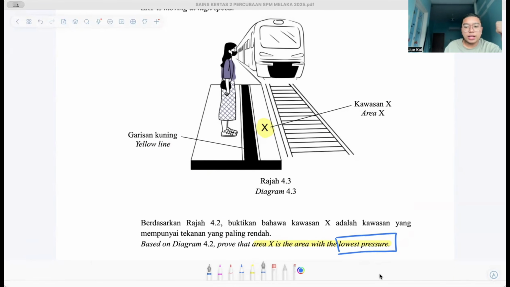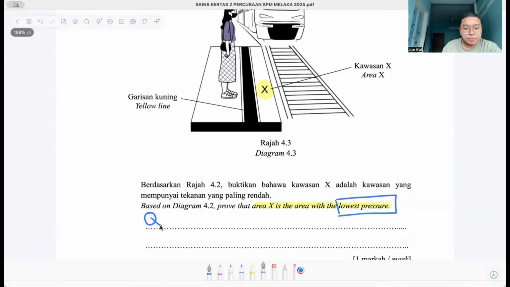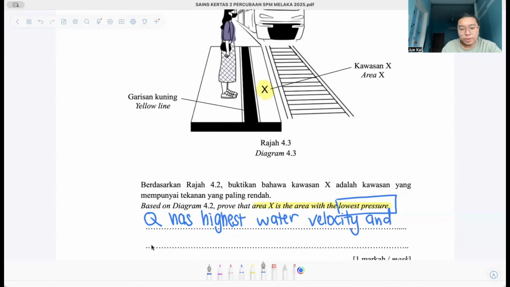So that means you need to write down Q has highest water velocity and lowest water level. Done. Easy question to score. Good.